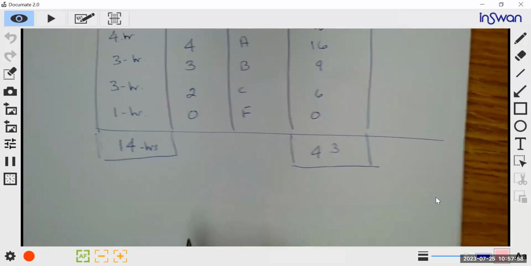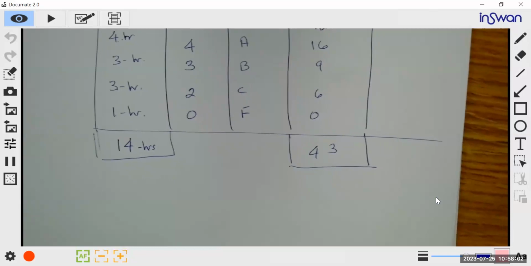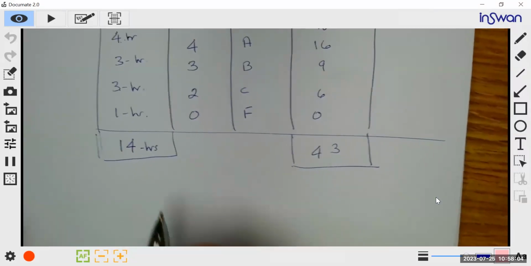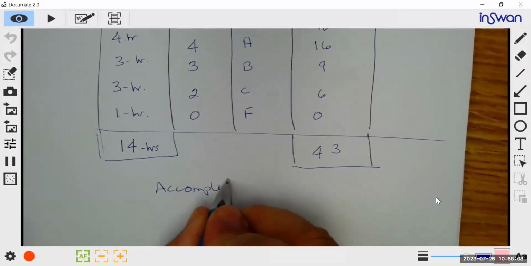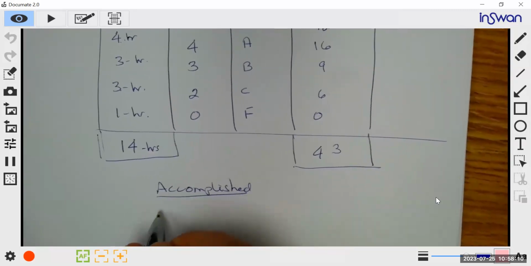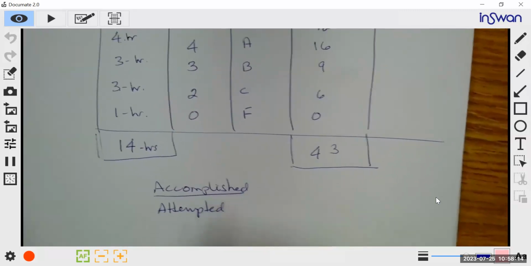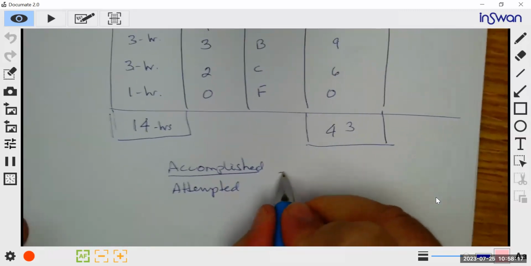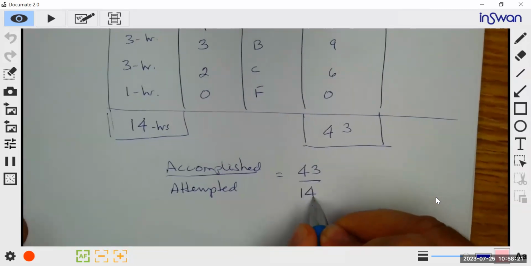Because what you're looking at is what did you accomplish over what you attempted. So it's 43 divided by 14.